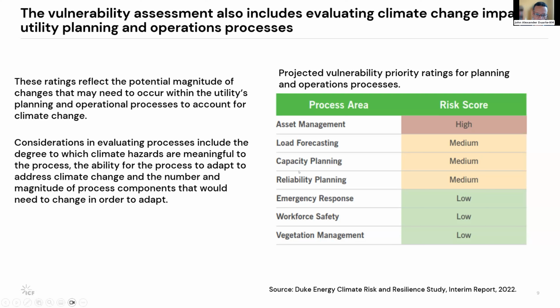But as you see, there are various processes that are common to utilities, and the various climate hazards get considered, and that consideration can be aggregated up to scores, after which the adaptations, essentially what are you going to do about it, how the process will change, gets rolled into the latter part of the analysis.